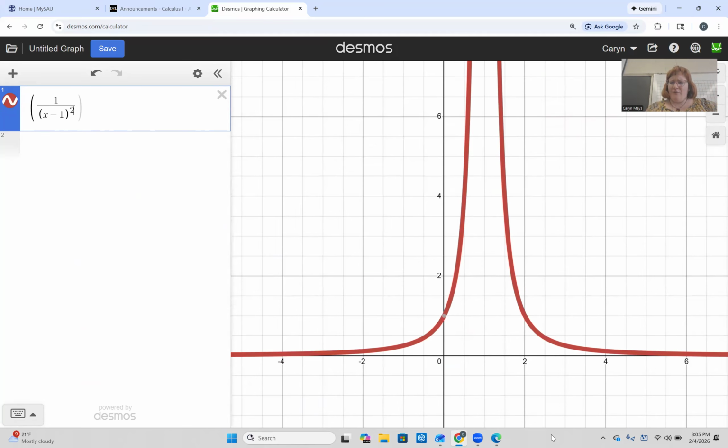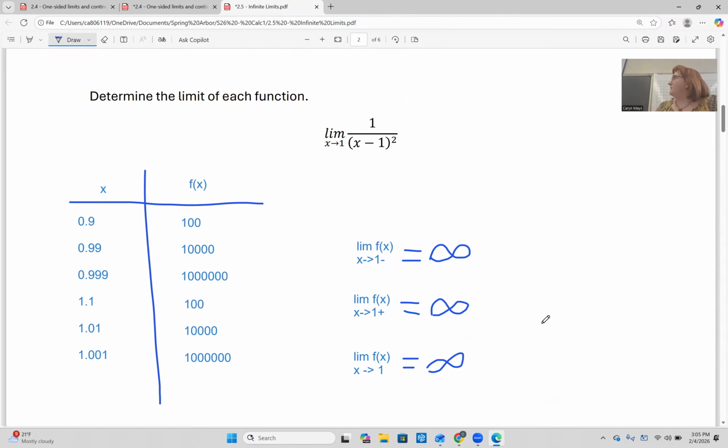But I want to think about how we could do this without making a table, because that gets repetitive, and it also gets long. What can we be thinking through to justify it without having to write out values and type things into our calculator? It's discontinuous at 1.